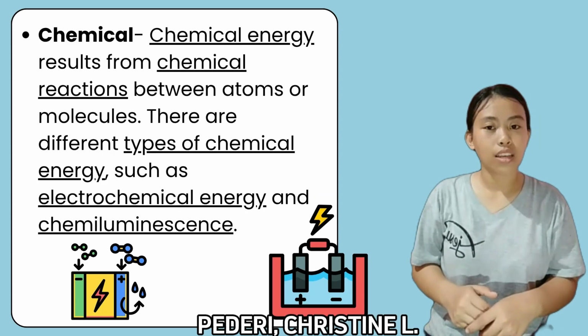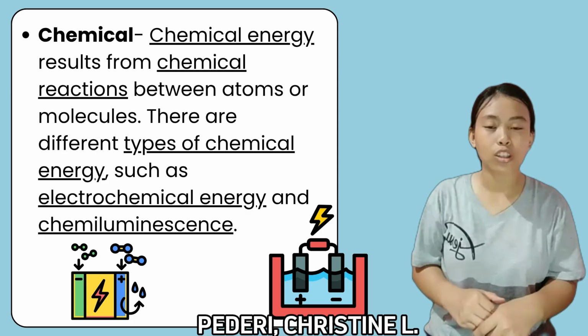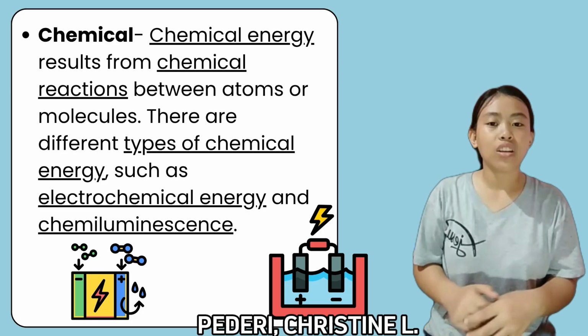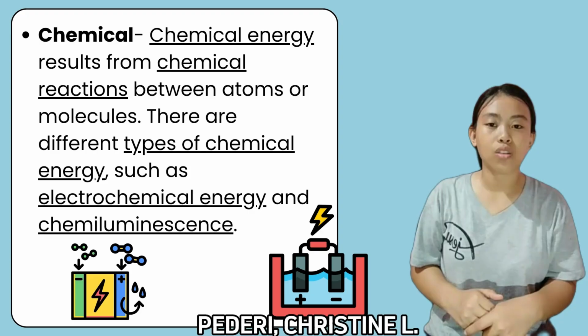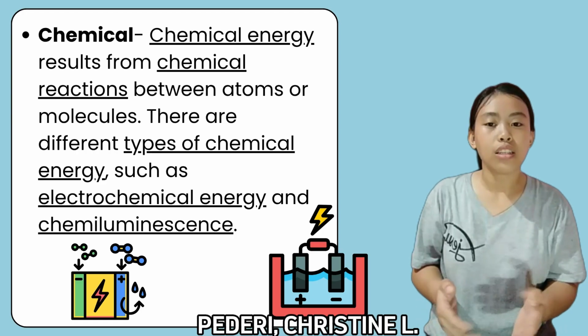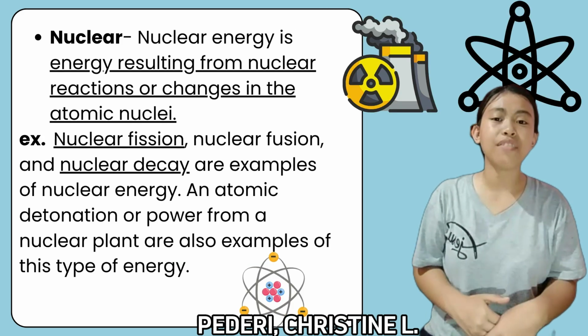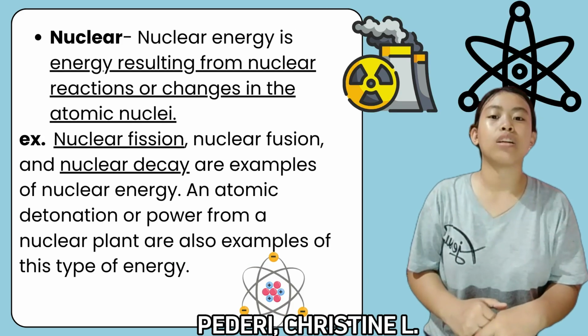The sixth one is chemical energy that results from chemical reactions between atoms or molecules. There are different types of chemical energy, such as electrochemical energy. A good example of chemical energy is an electrochemical cell or a battery. The seventh one is nuclear energy.